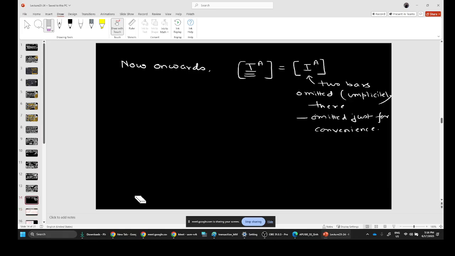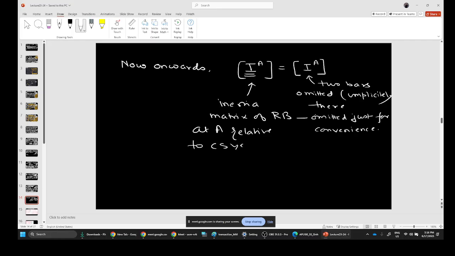But before I go to the parallel access theorem, I want to clarify that on some of the slides, you may not see this double bar appearing here. So earlier I said that this is how what I call as the inertia matrix of RB at A relative to coordinate system.